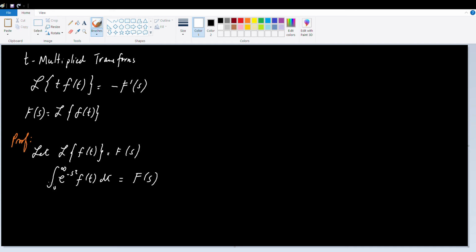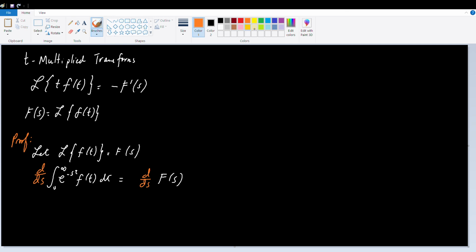We now take the derivative with respect to s of both sides.